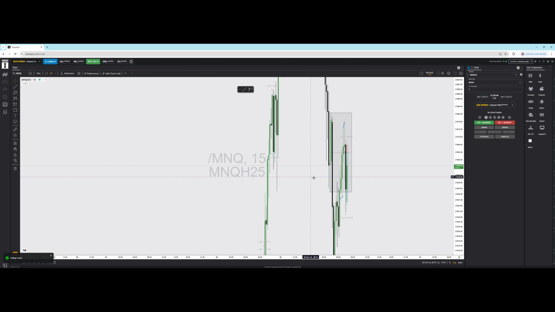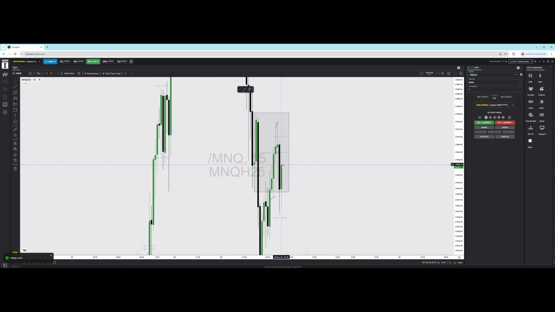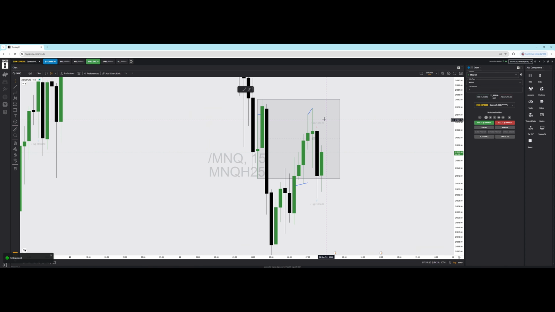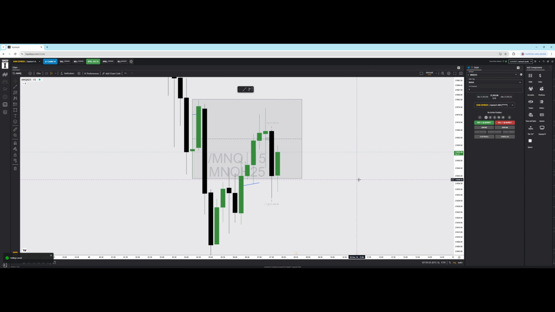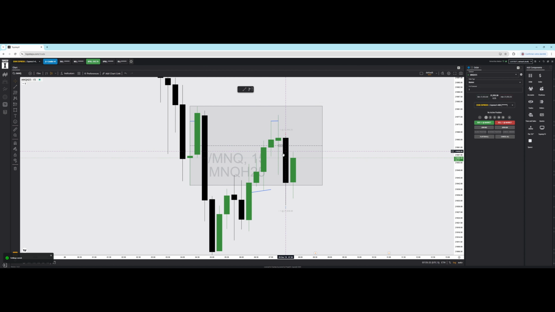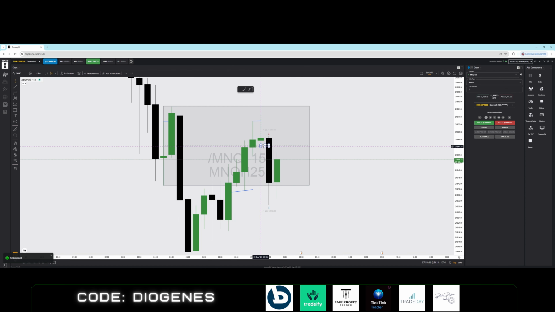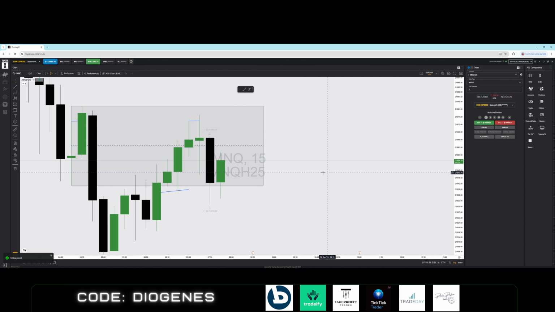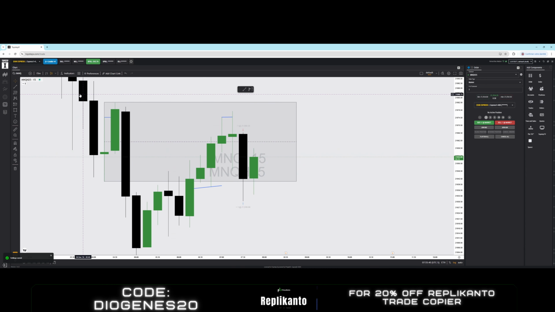So let's go to the M15. So M15, right? So we failed to close above this high, right? So if you guys are familiar with the T-Trades model, my trade was also something like his indicator.